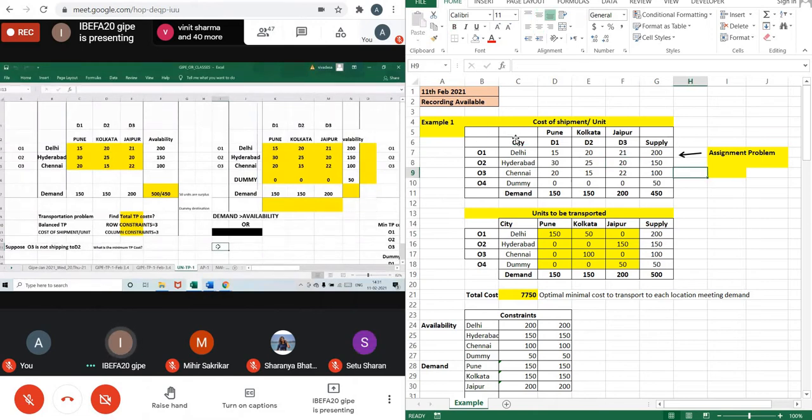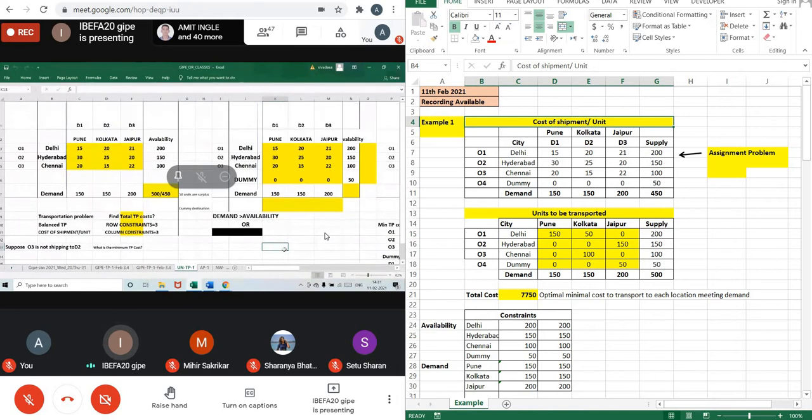For instance, in transportation problem, we have allocation of units.